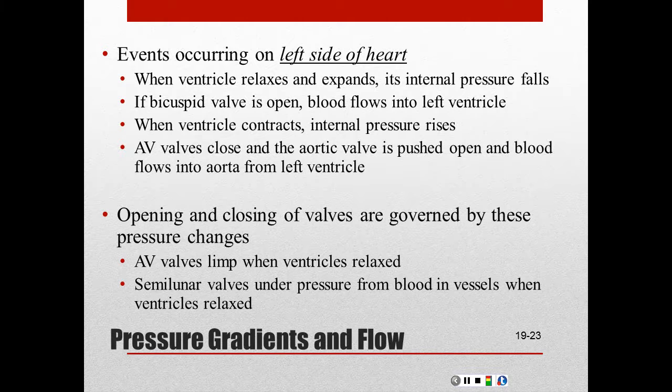The rising pressure also opens the aortic and pulmonary valves. Pressure in the aorta and pulmonary trunk opposes the opening, but when ventricular pressure exceeds it, the valves open. As the ventricles relax, blood briefly flows backward and fills the cup-like cusps of the semilunar valves, sealing the opening.